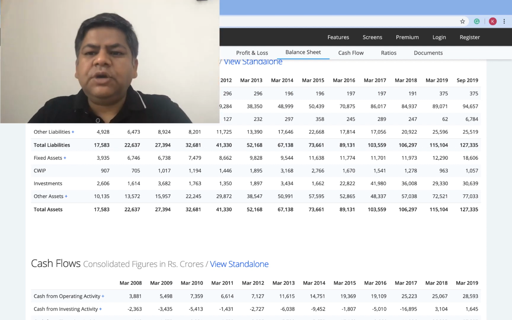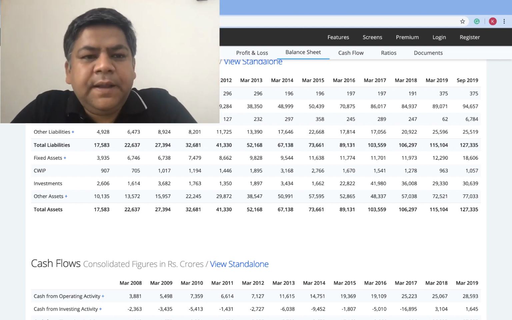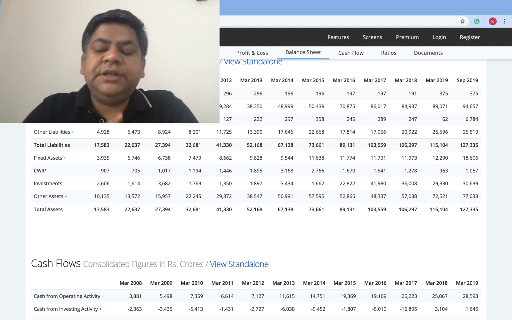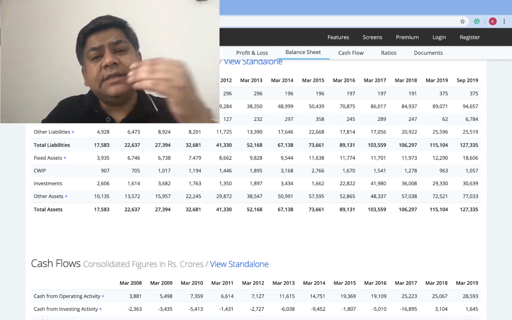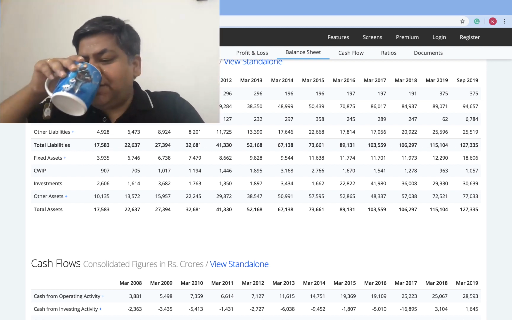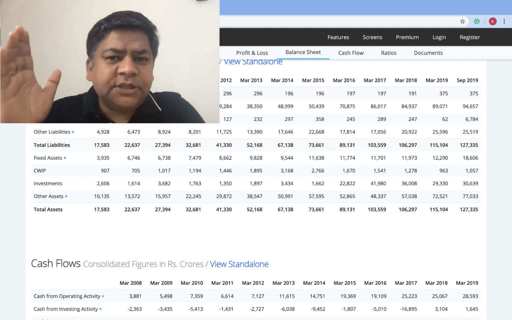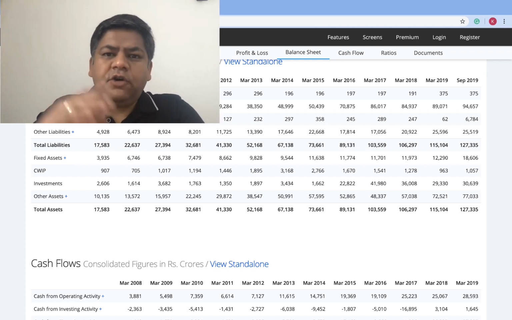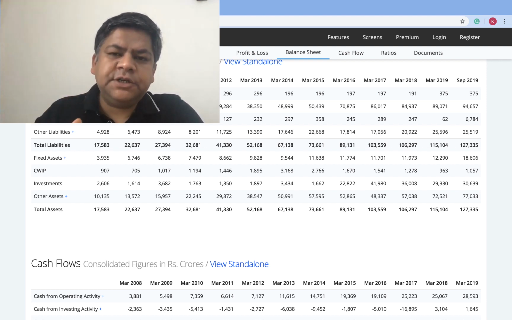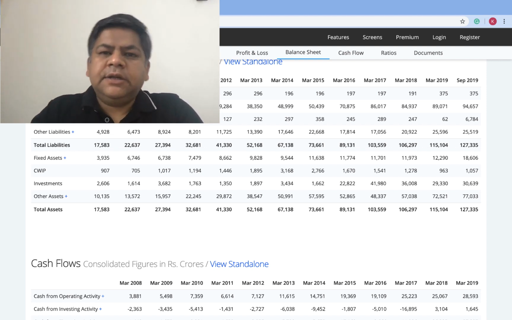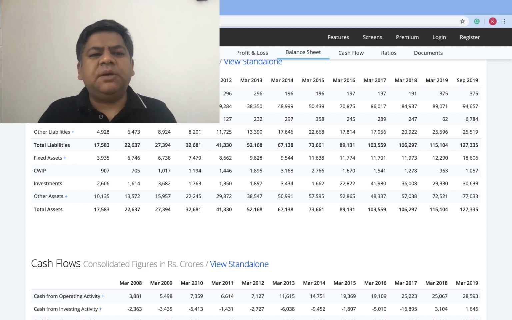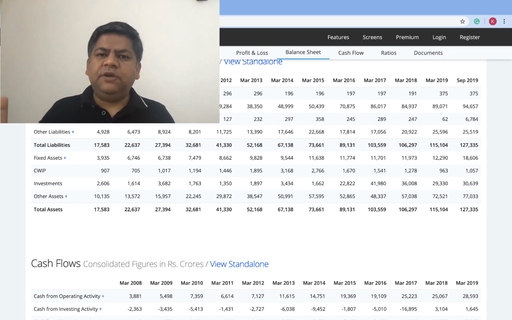Something you have to remember here is that this should keep on increasing as well, because this is the real net worth of the company. If the company gets closed today, if all the promoters, board of directors and every shareholder decide to wind up this company, what will they be left with?